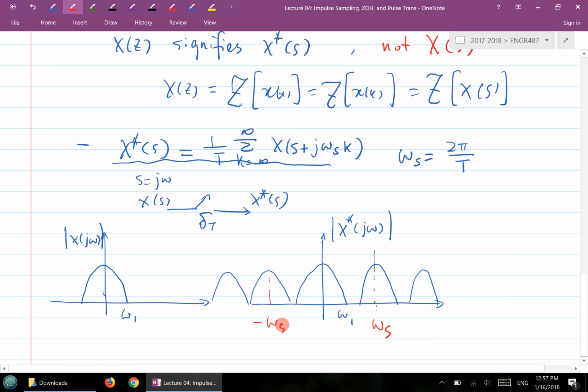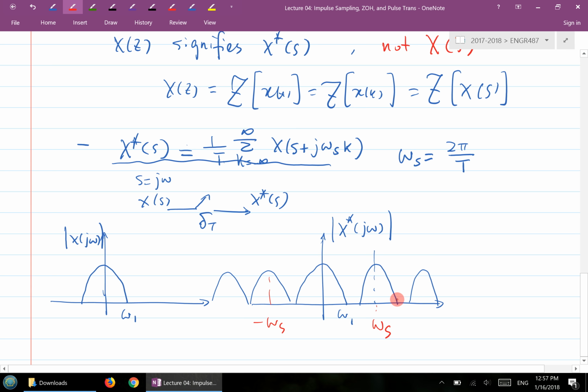What's important here is that the value of omega_s, the sampling frequency, determines how much you shift this one to the left or to the right.